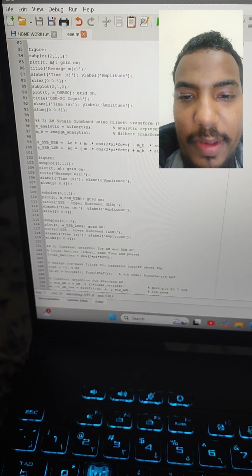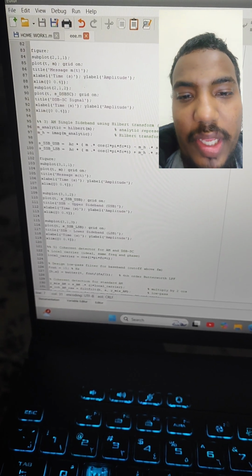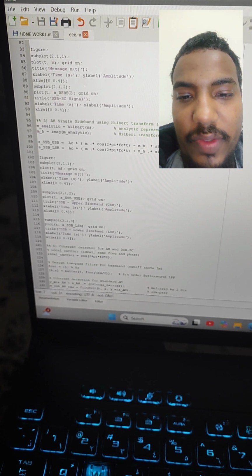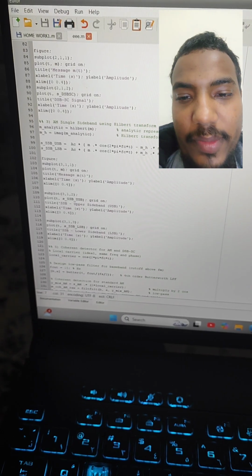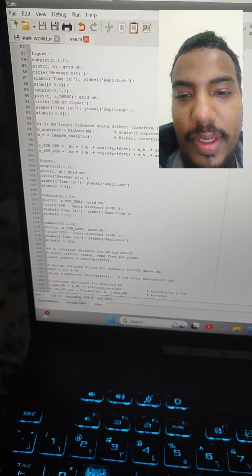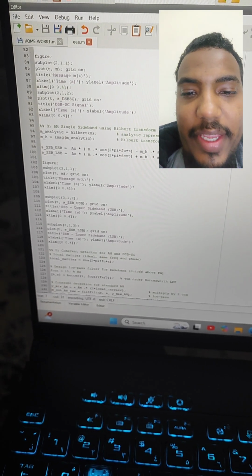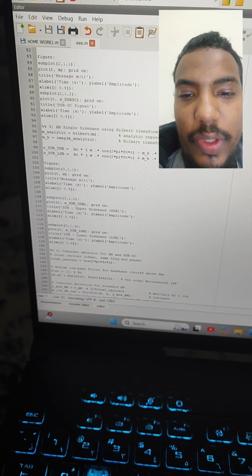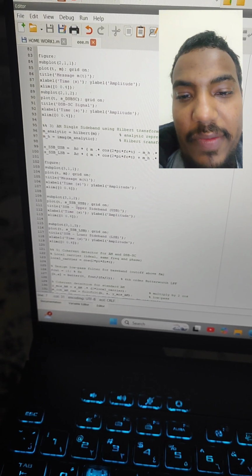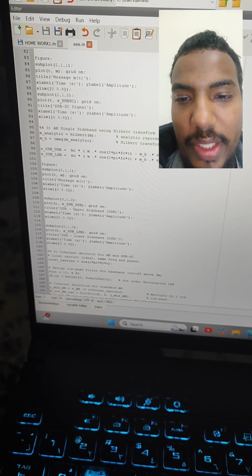env_AM equals abs of helper AM; the helper computes the analytic signal of the AM waveform, and abs gives the envelope of the AM signal. Figure, plot t, s_AM, hold on, plot t, env_AM, red, line width 2. Grid on.